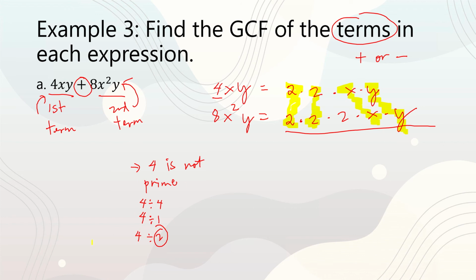So you just bring that down. It's 2 times 2, then times x times y. Then you multiply it. 2 times 2 is 4. Then x times y, you can combine them, so just copy it. 4xy. So the GCF of our two terms in this expression is 4xy.